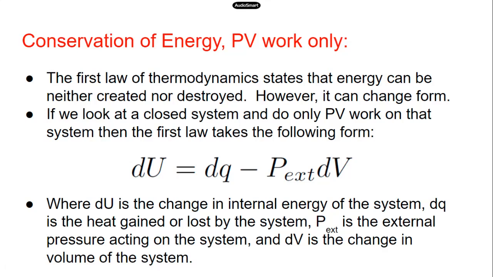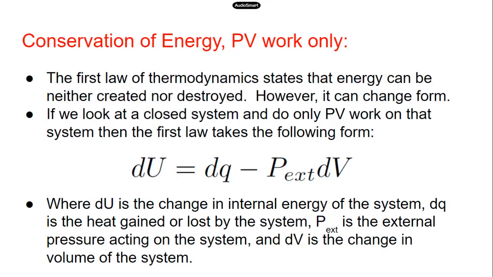But now let's consider this dV here. Let's say we do work on the system. If we compress the system, then dV is negative. So then PdV, this whole thing with a minus sign, will be positive. Negative times negative is a positive, okay?